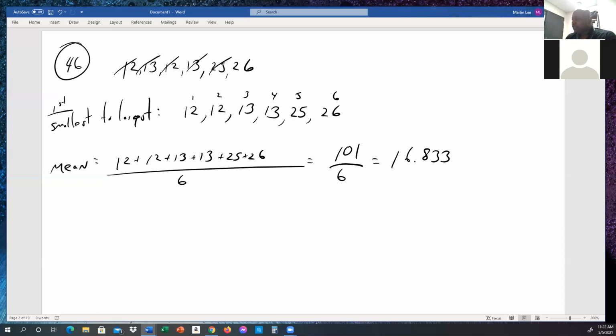They've got 16.286. I have no idea how they got that. This is like my 4th time working this. So their answer is not right. The answer for the mean is 16.833.